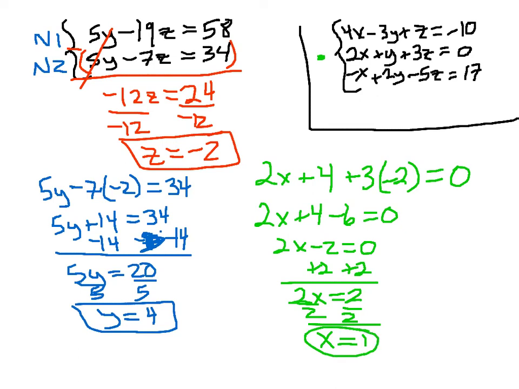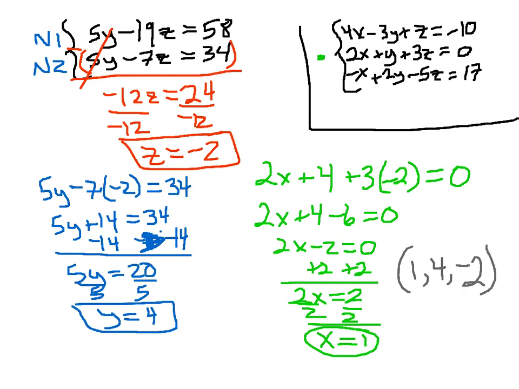So I eliminated the x's to get a system that I can solve for the z and the y. But then once I got those, I need to make sure to go back to an original equation, plug in my z and my y, and solve for that x. Remember to write your solution as an ordered pair. So my x is 1. My y is 4. My z is negative 2.